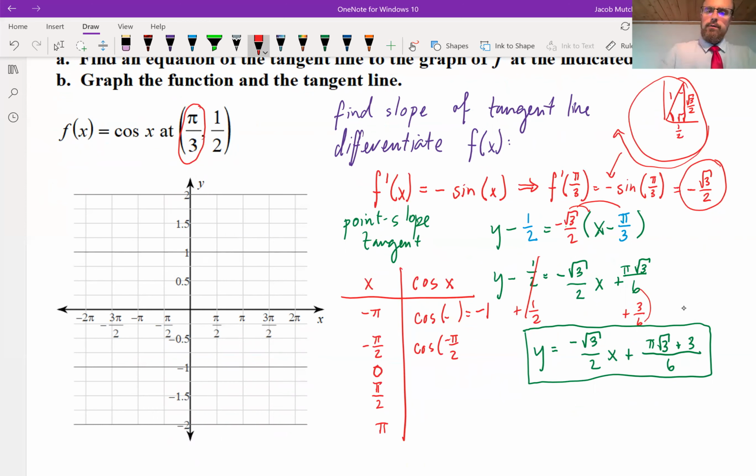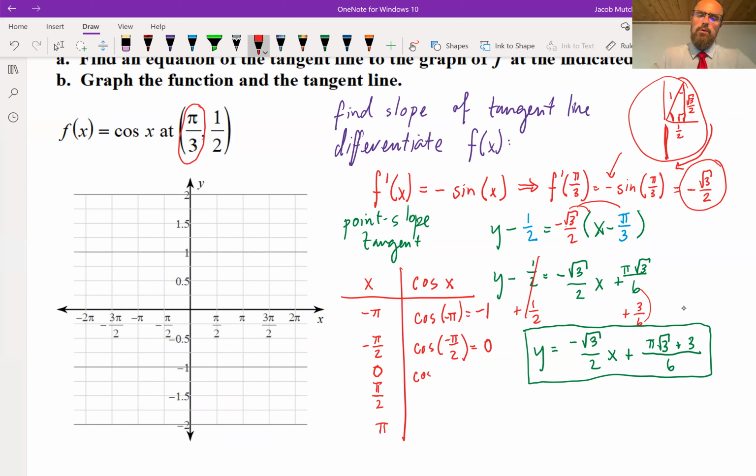If I think about the unit circle, that's going to place me at the negative y-axis. So negative pi over 2 is a quarter turn. And that's going to have a cosine value of 0 because there's no horizontal component to that y-axis.